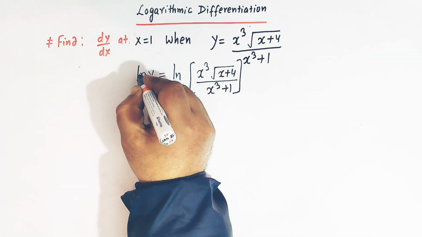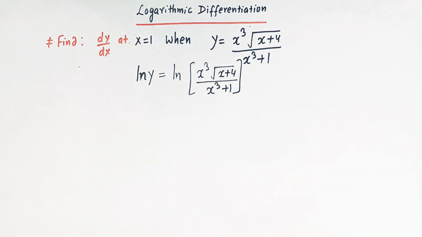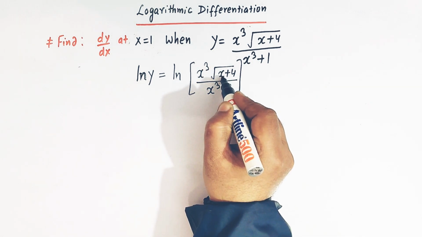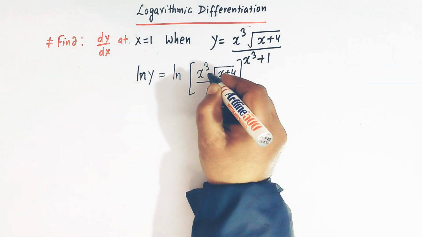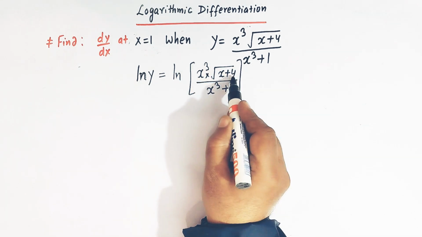So what we have done here is taken the natural log of both sides. Now see, here we have x cube times the square root of x plus 4. So here we have the product of two functions.